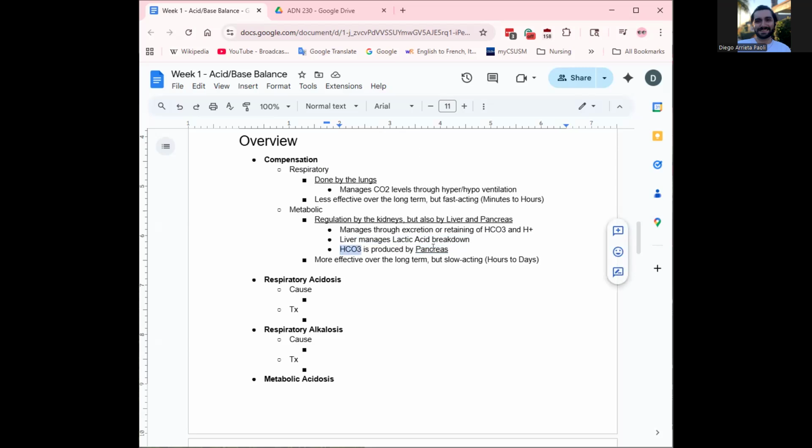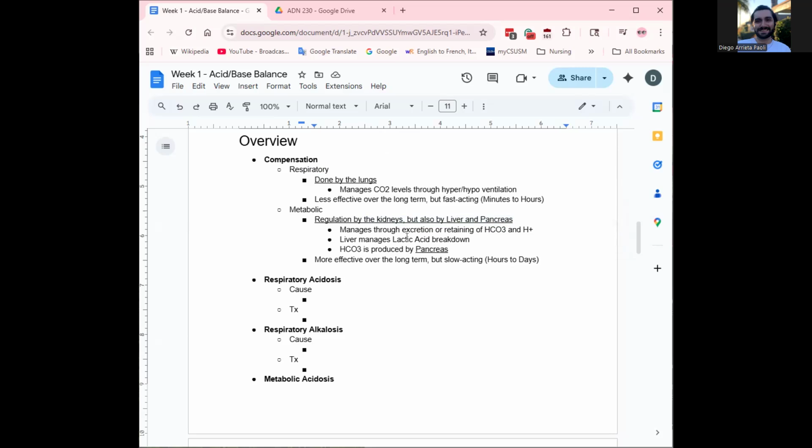The main reason I mentioned the liver and pancreas is that for some of the causes, it makes more sense now that you know they're involved in managing your acid base. So if you have problems with your kidneys, liver, or pancreas, you can have issues with your acid base as well.